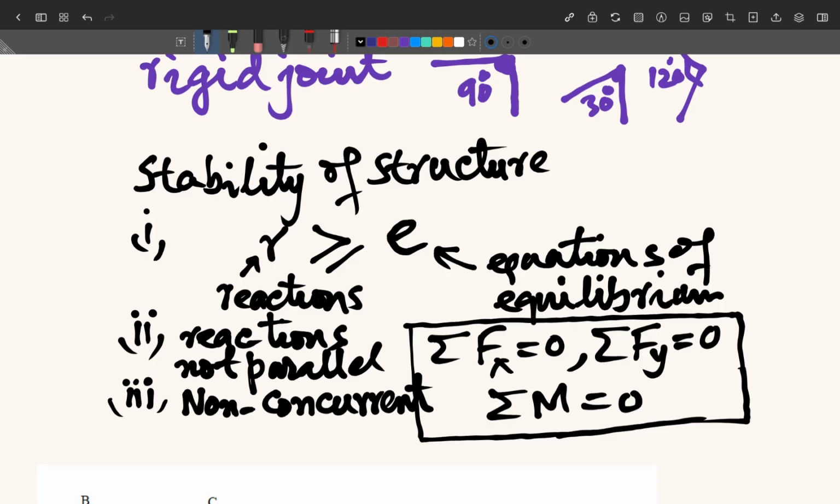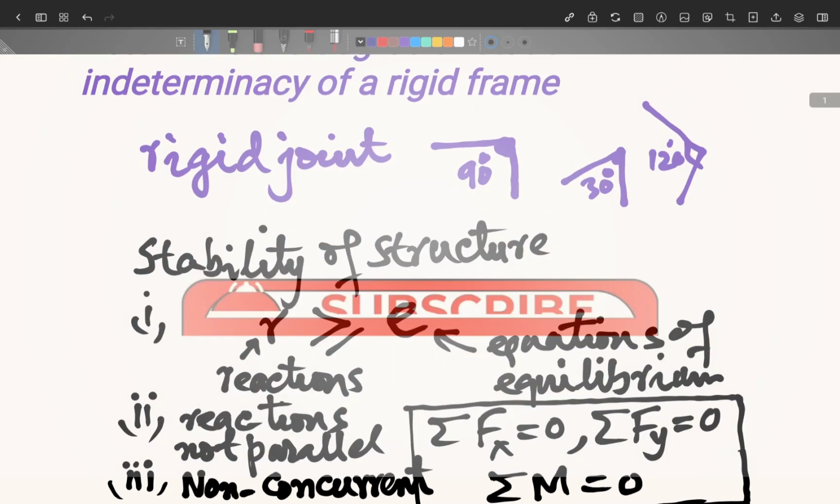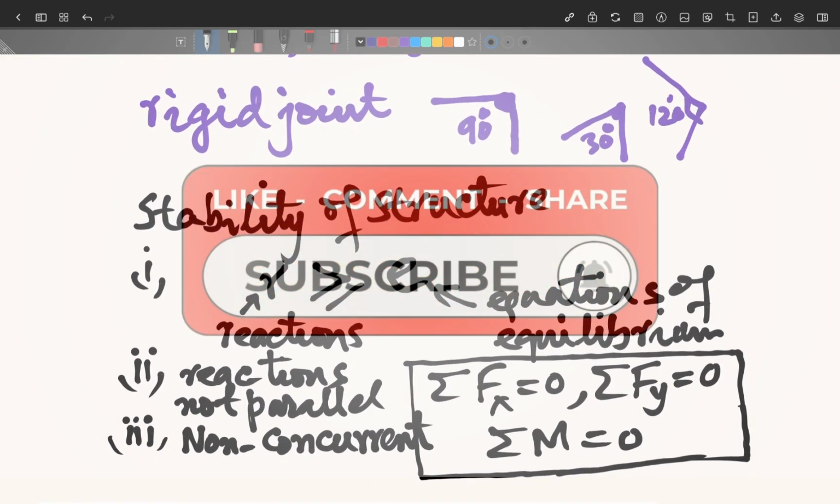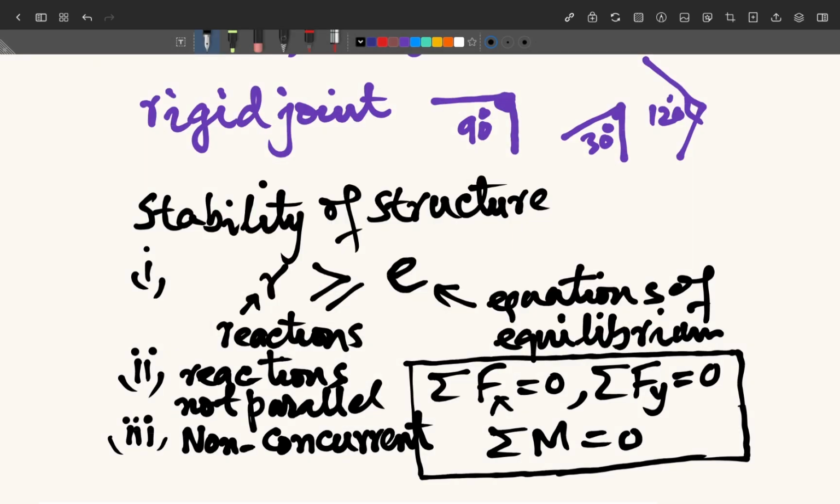Now we'll come to the degree of static indeterminacy. As you know that there will be unknowns in the structure, which are the support reactions and the internal forces, which are axial force, shear force, and the bending moment. So these are the unknowns.